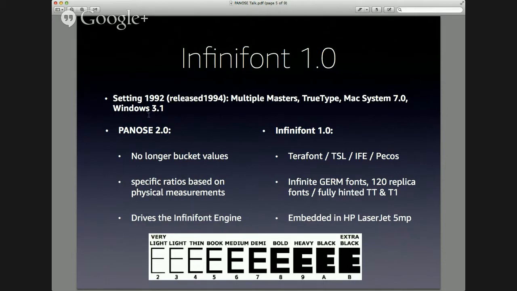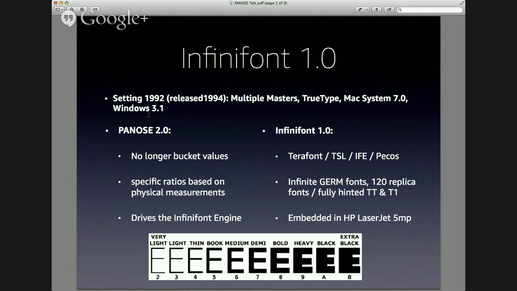So this was then in 1992. Type was very popular at the time for the first time in history. People kind of cared about fonts and were looking at fonts. PANOSE 2.0 was then taking what we always refer to as bucket values.